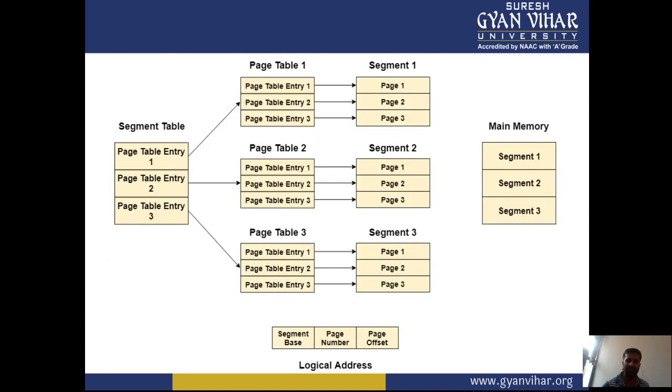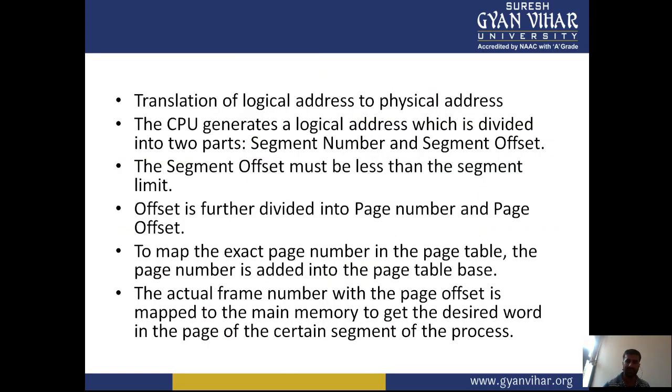Here you see the segment table, page 1, page 2, page 3, and there is a certain segment base, page number, page offset, and logical address as well. So segment 1, segment 2, and segment 3, and the main memory is allocated at certain points.